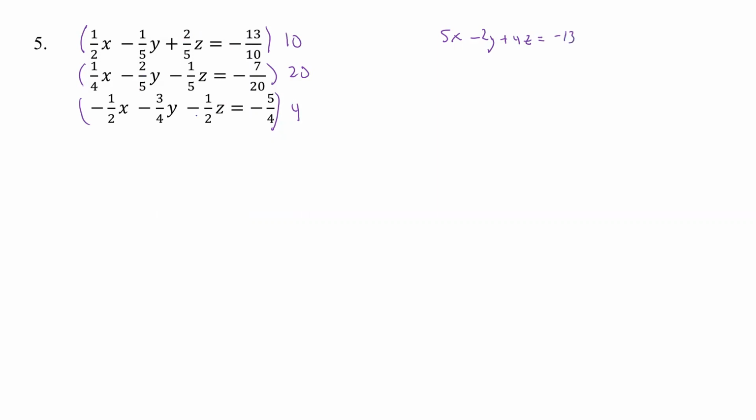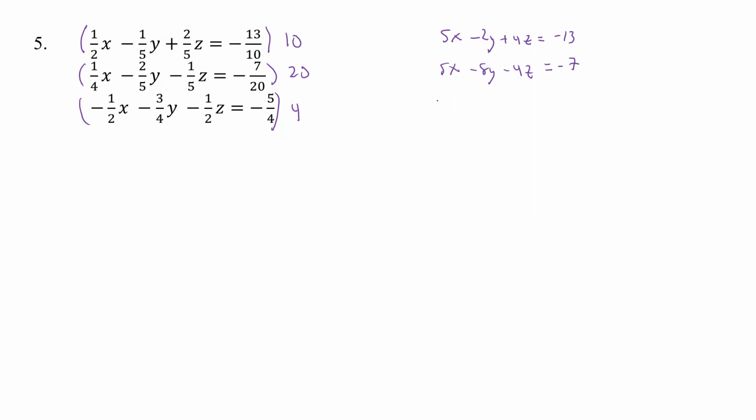Okay, now here 20, 4 going into 20 is 5, so 5 times 1 is going to be 5x. And 4 times negative 2, so that's going to be a negative 8y. And 5 goes in here 4 times, that's going to be a minus 4z, and that equals a negative 7.